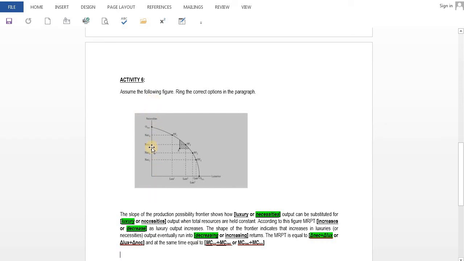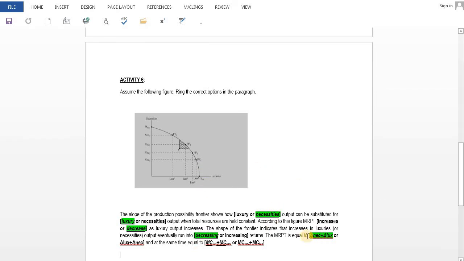Let us assume here we had luxuries, and here we had necessities. In this case, our MRPT would be a change in luxuries over the change in necessities. But when it comes to the marginal cost and the price ratios, it would then be the marginal cost of necessities over the marginal cost of luxuries, which is also equal to the price of necessities over the price of luxuries.